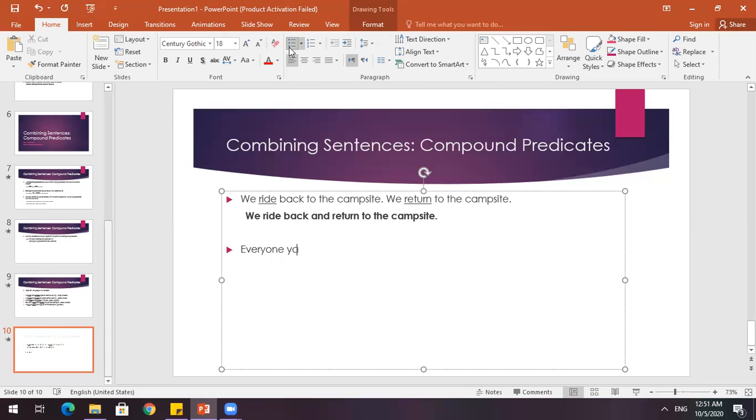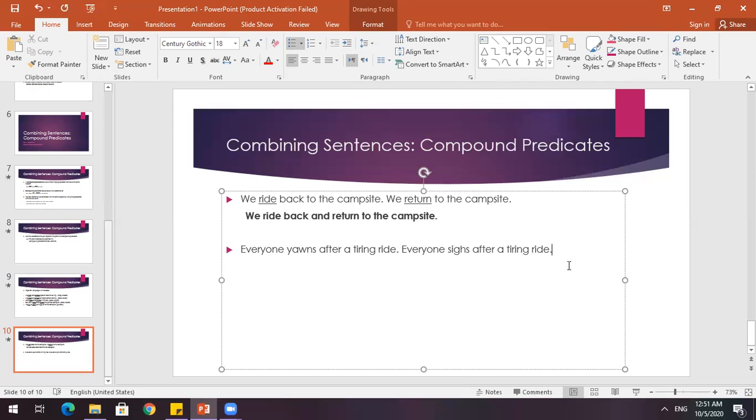Another example. Everyone yawns after a tiring ride. Everyone sighs after a tiring ride.